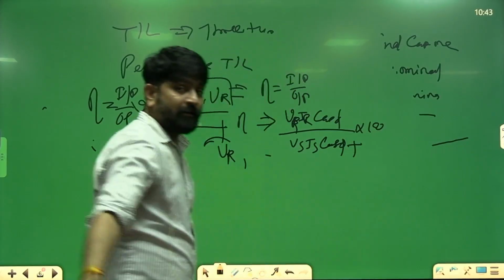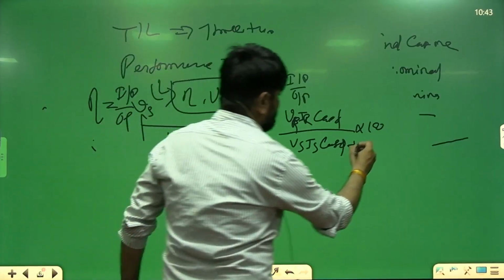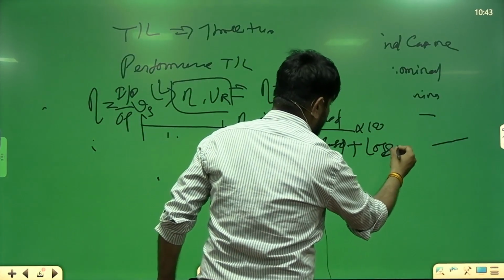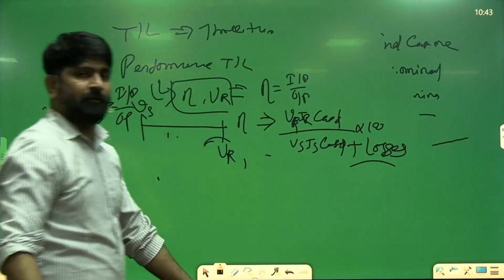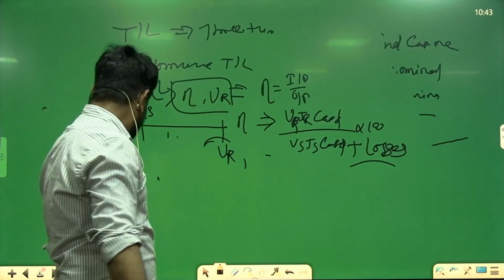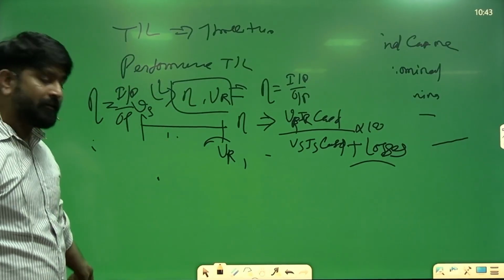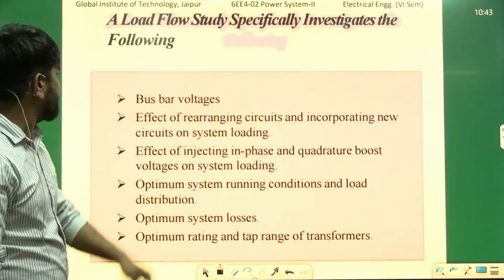We consider losses here also. This will be the efficiency of the transmission line. Then again we go to the next slide.